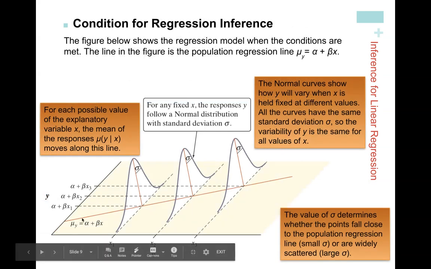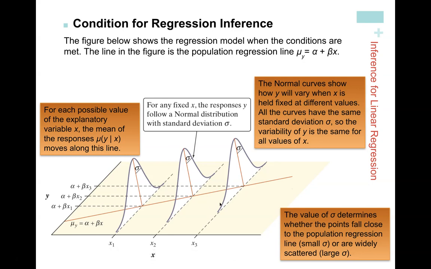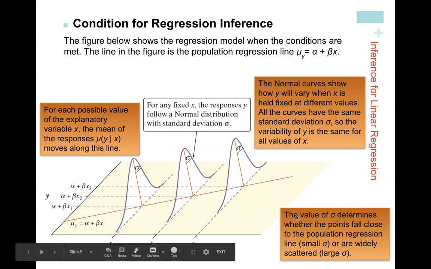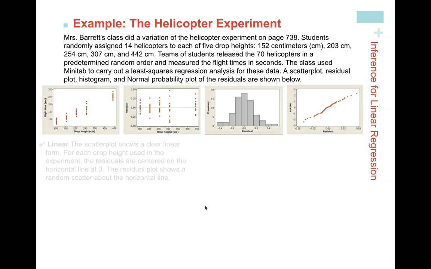Okay, so here's the true population regression line. We're going to have some sample regression line, and the residuals are going to be estimating, well, how far off are we? Let's say our sample regression line is like that. Well, the residuals are going to estimate how far off we are in the y direction from the true population regression line.